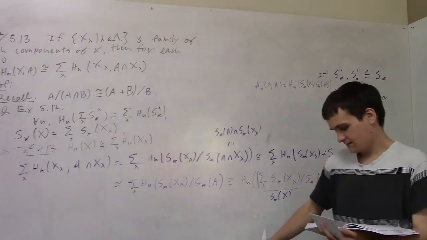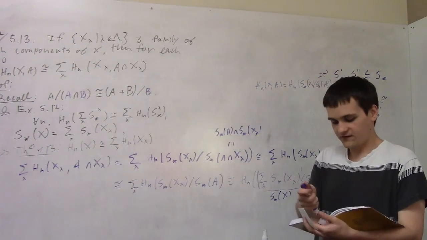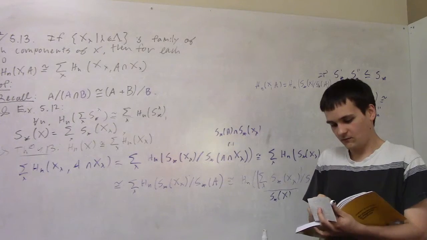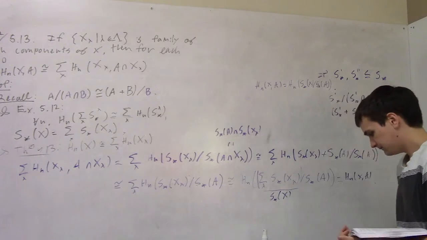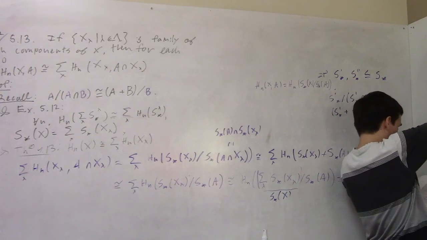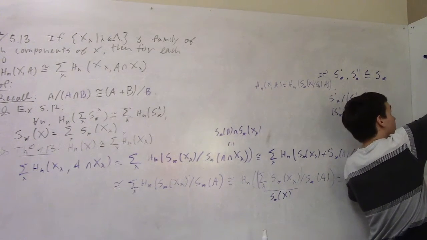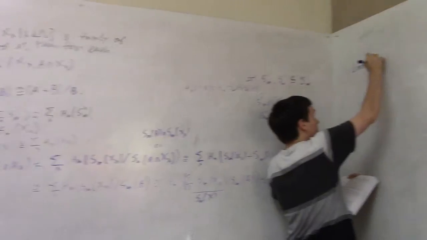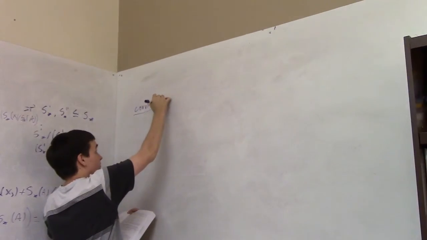Alright, so next we have this corollary here, and this is essentially the useful part of this theorem. Essentially we're showing what we showed with regular homology groups. So this is corollary 5.14.